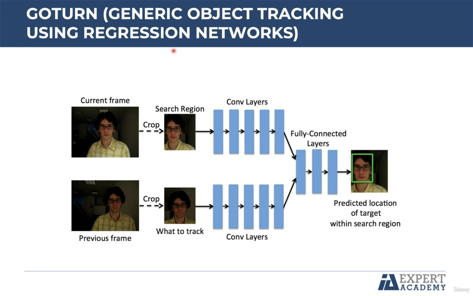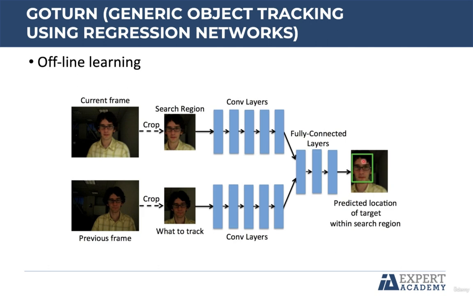Here we can see the architecture of the algorithm, which starts by the definition of the object you want to track. As we can see here, this image is sent to 5 convolution layers and 3 fully connected layers, so that we get a prediction of the object's location.